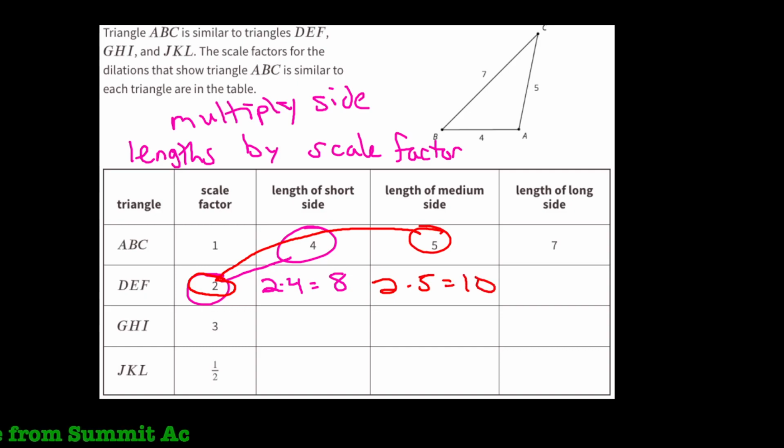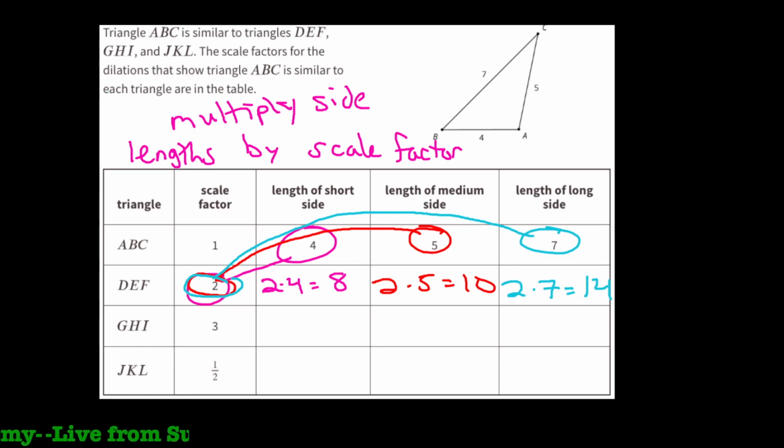And if I multiply 2 times 7, again, we're multiplying each of those side lengths by that same scale factor. We're getting new side lengths. So these are our new side lengths for DEF. It has a short side of 8, a medium side of 10, and a long side of 14. Notice how those side lengths are different, but they have a similar shape because it's using that scale factor.